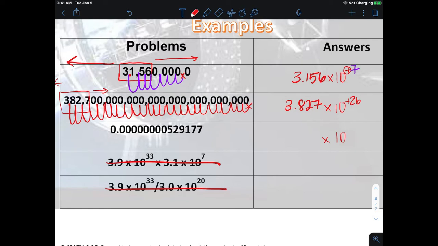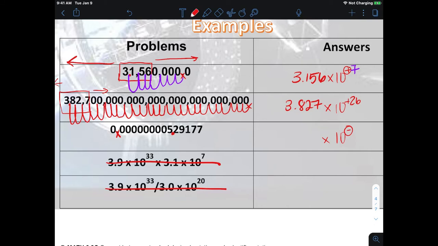Let's look at this last one. For this one, I'm more concerned with, oh, this is a small number. So I know that this has a negative exponent. Now I'm going to find my decimal point, and look for a new place I can put my decimal point that will give me a number between 1 and 10. It looks like that's the only place, because 5.29177 is bigger than 1, smaller than 10.